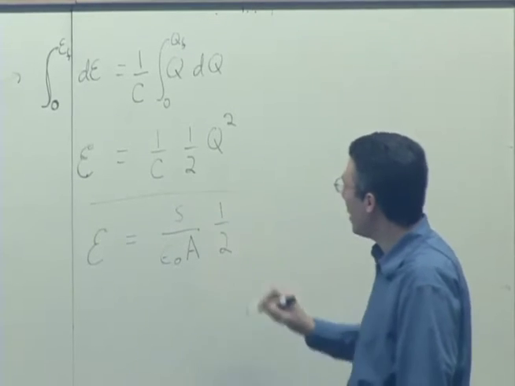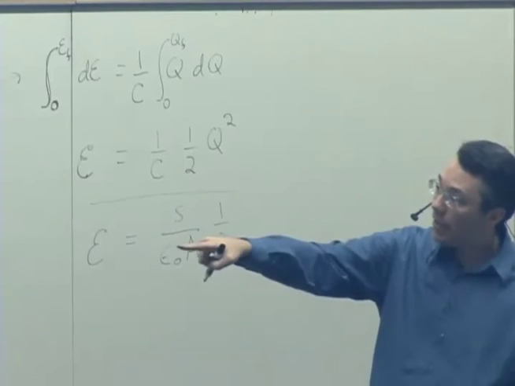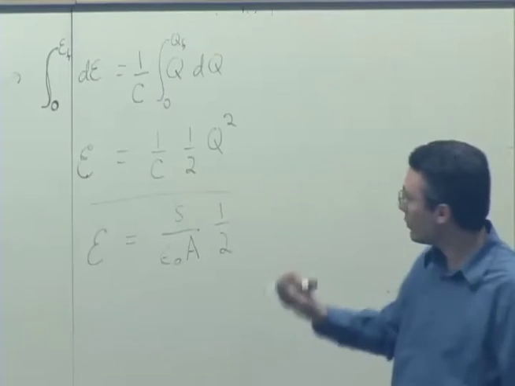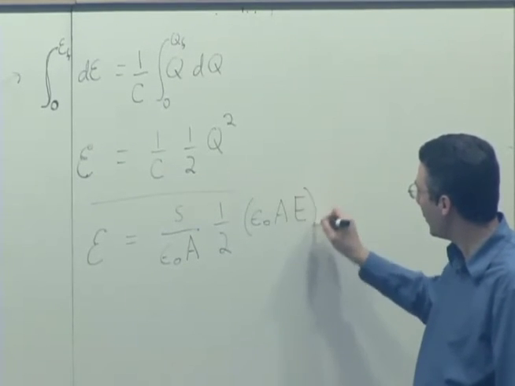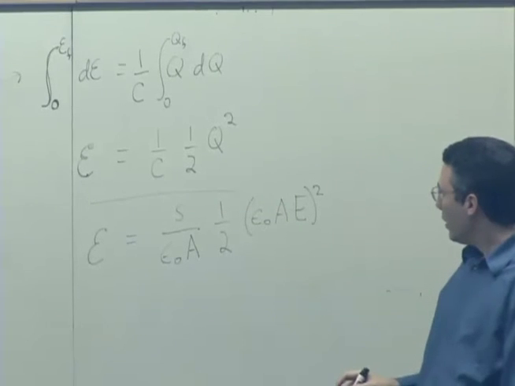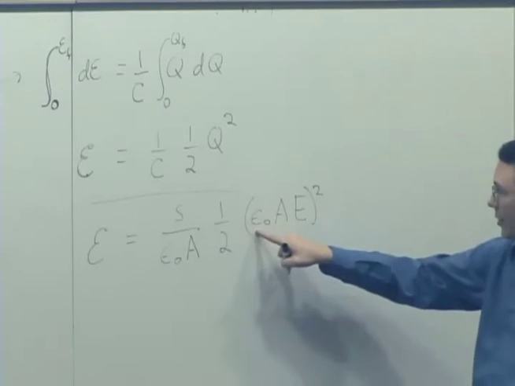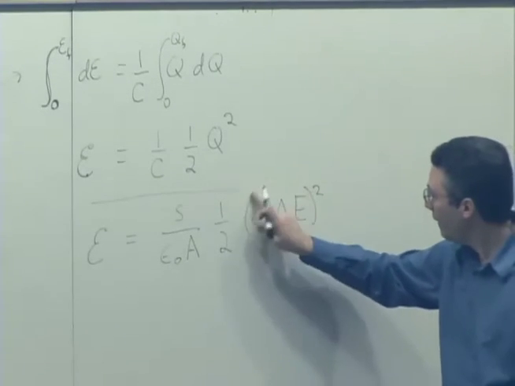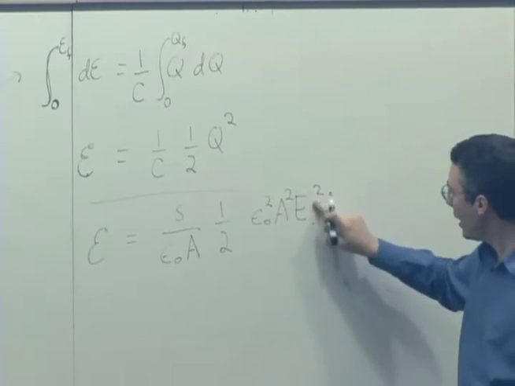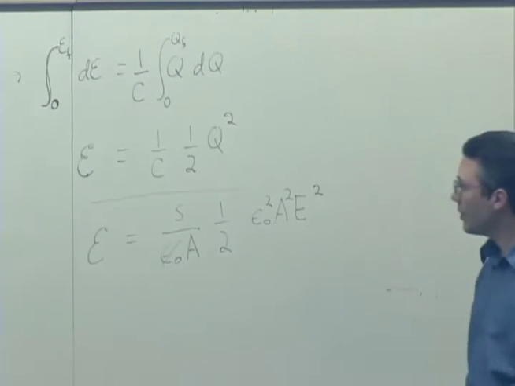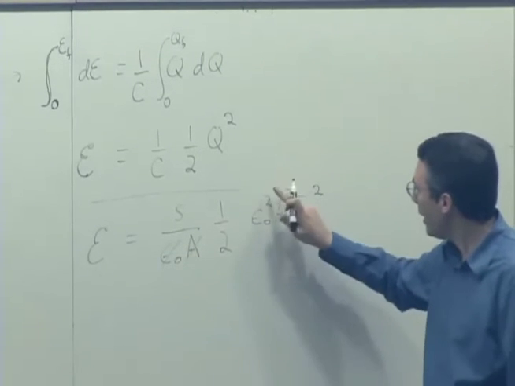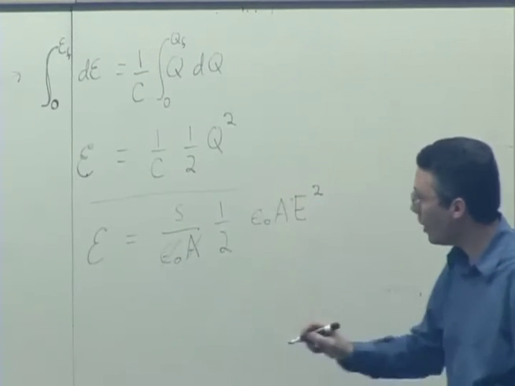We have a factor of 1/2, and we have the charge in terms of the electric field, so that's epsilon 0 A times the electric field squared. So what am I going to get? I have epsilon 0 squared, I have A squared, and I have the electric field squared. That cancels out a factor of epsilon 0. That cancels out a factor of A. So those squares go away.